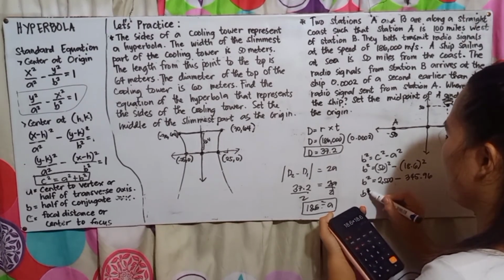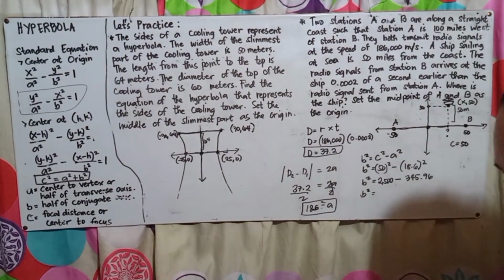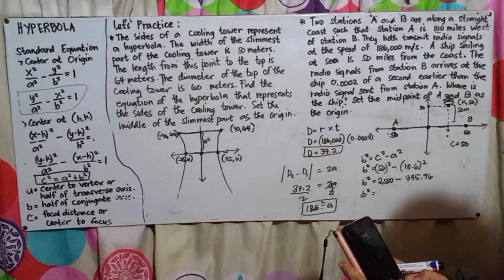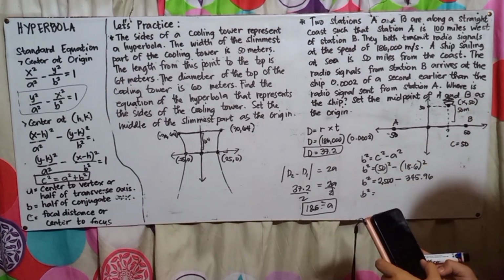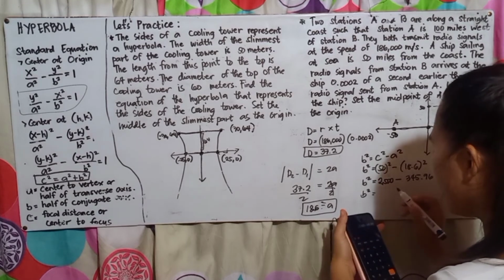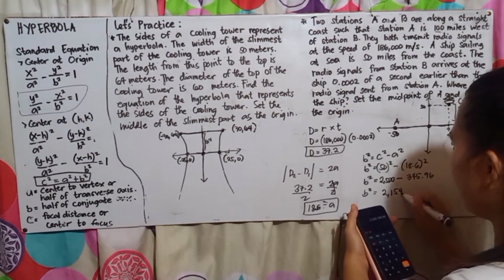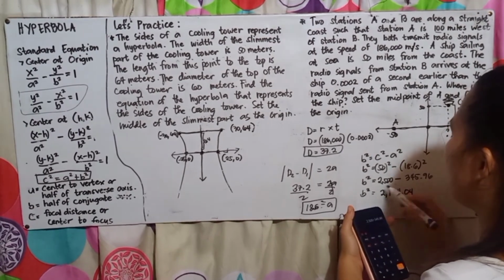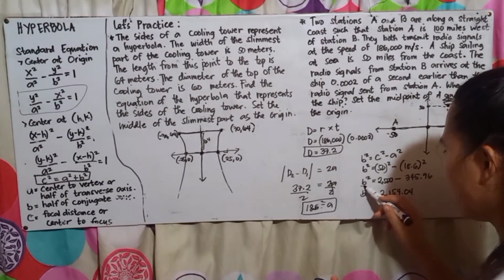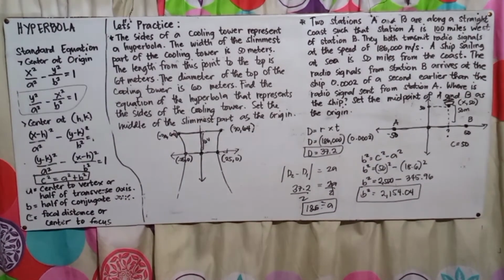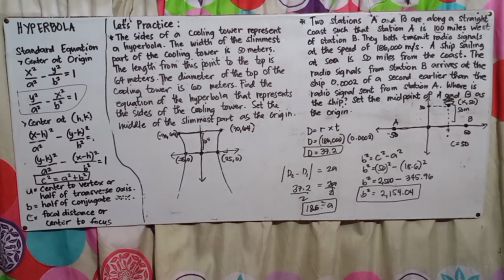So b squared is 2,154.04. So we stop our computation here.